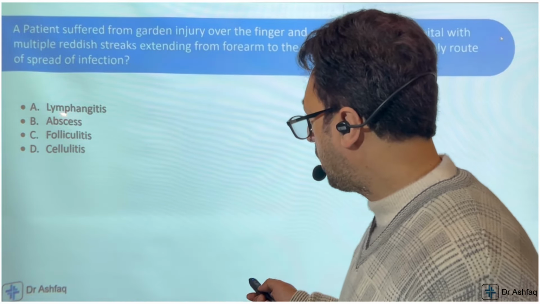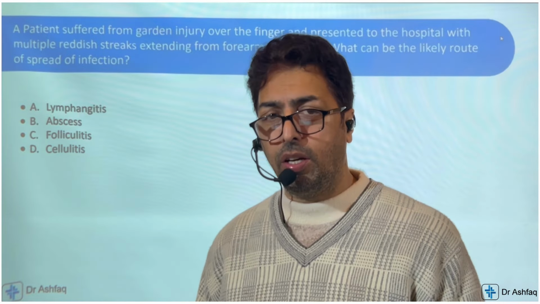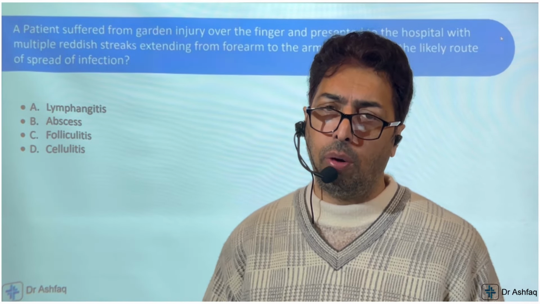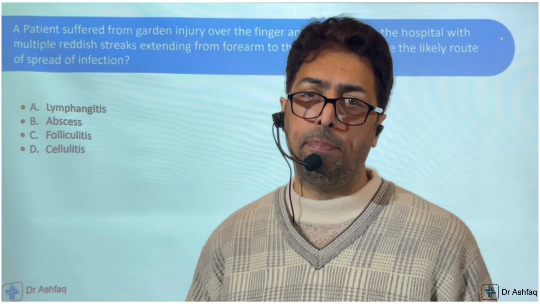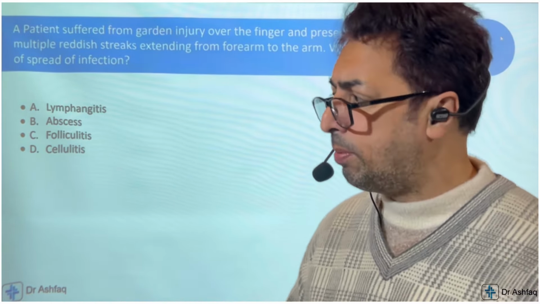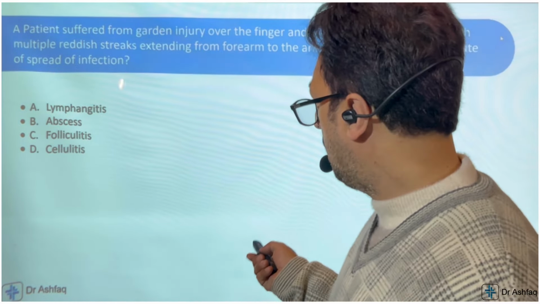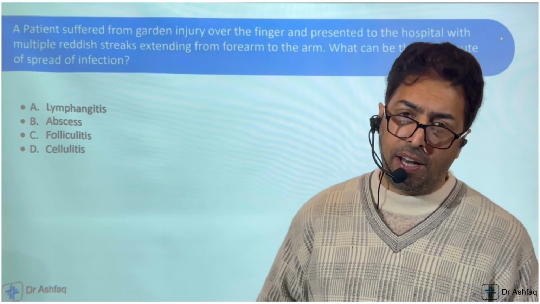We can have a whole range of patients developing abscesses with multiple organisms, especially immunocompromised patients: HIV, lymphoma, leukemia, and post-transplant patients. They are more prone to these conditions. So this clinical condition is sporotrichosis, spread through lymphatic channels.